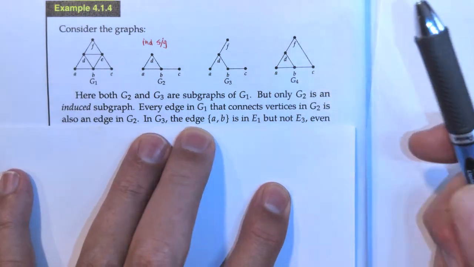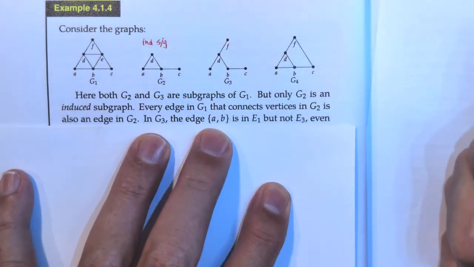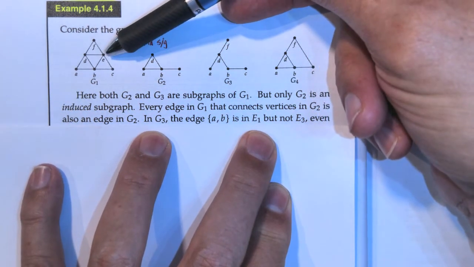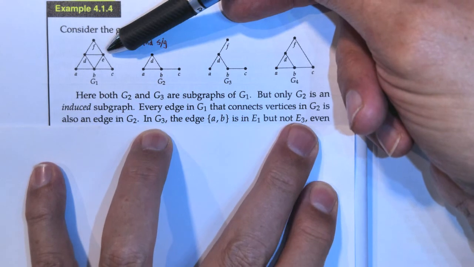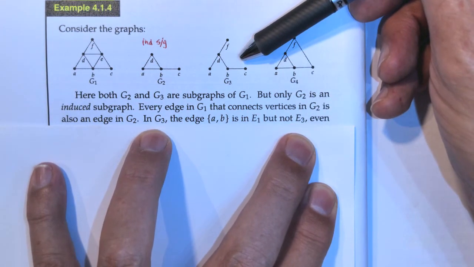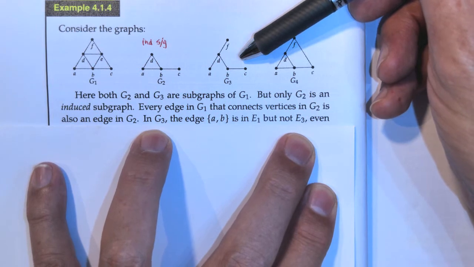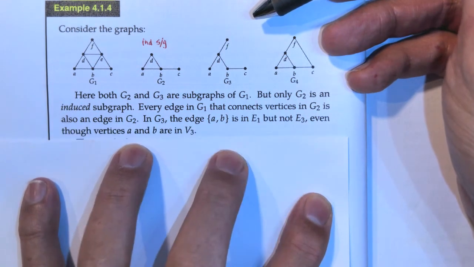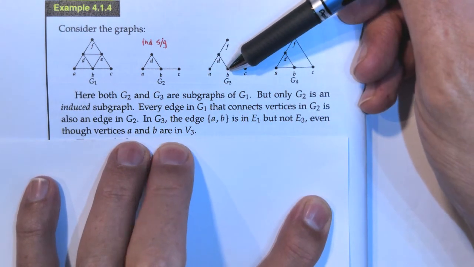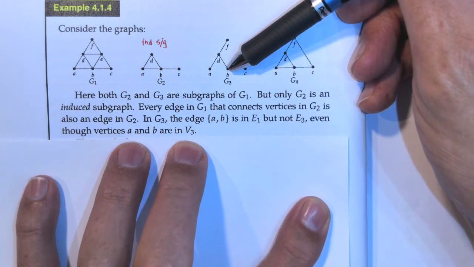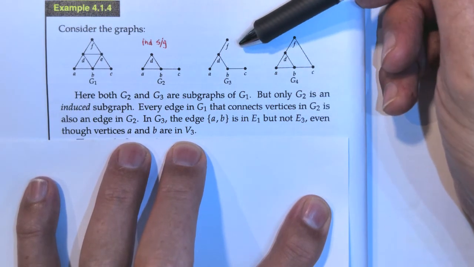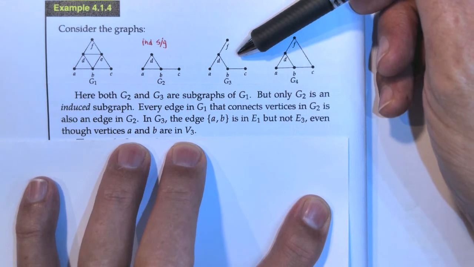In G3, edge AB is in the edge set of graph 1, but not in the edge set of graph 3, even though vertices A and B are vertices in V3. So it's not an induced subgraph, it is merely just a subgraph.